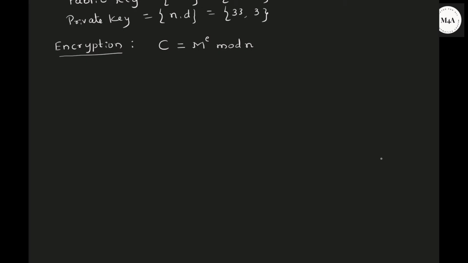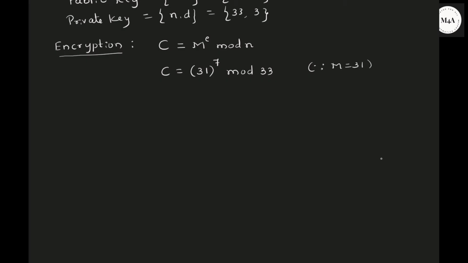Now C is equal to m, given as 31, e we already found as 7, mod n is 33. Because m is 31, it is byte data.